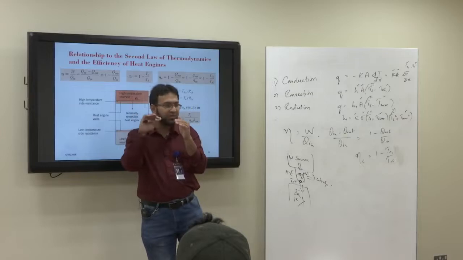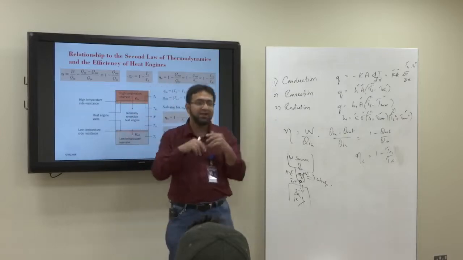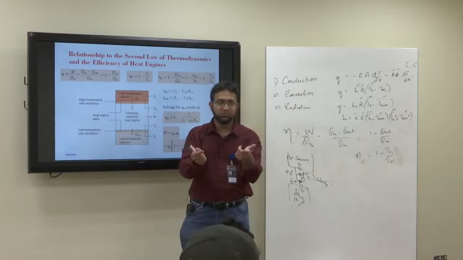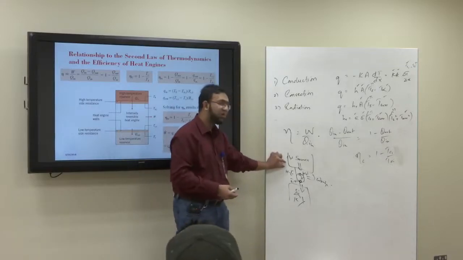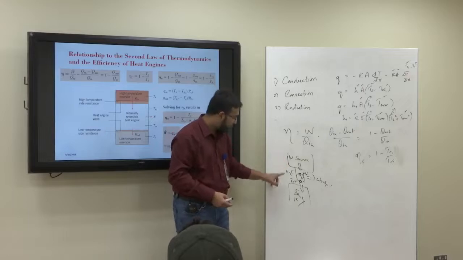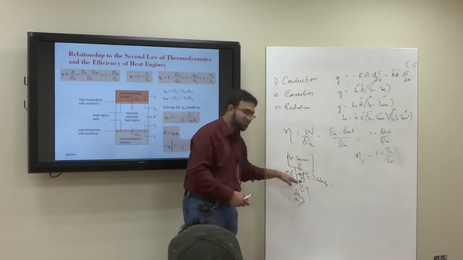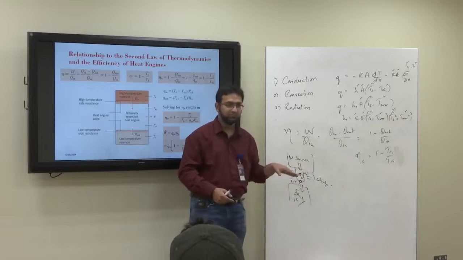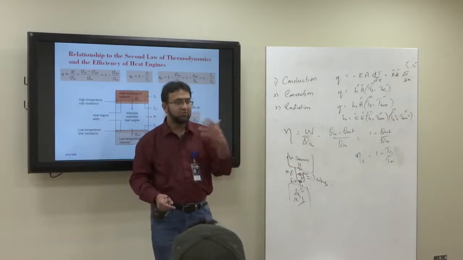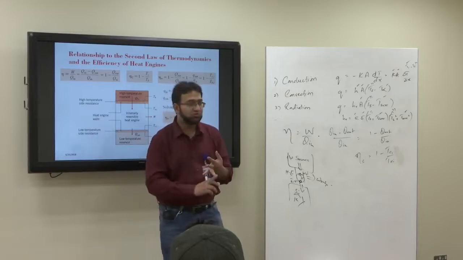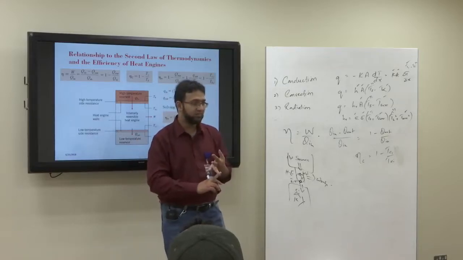There is going to be some medium in between, and that medium will offer some resistance. So you will have a resistance on the hot side, and similarly from TCI to TC there will be a resistance in between, the cold side resistance. You have the hot side resistance, you have the cold side resistance, right?